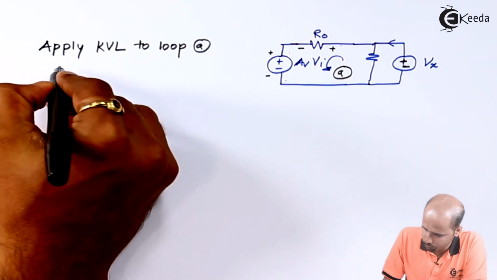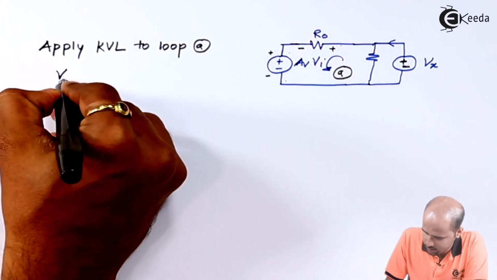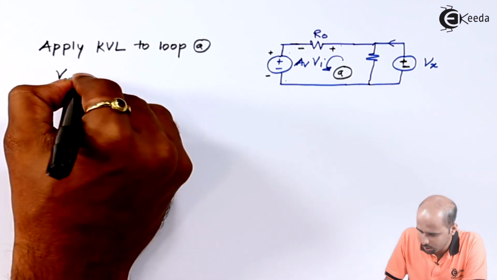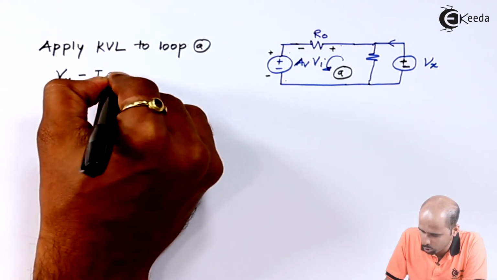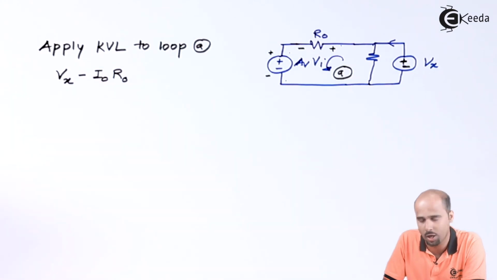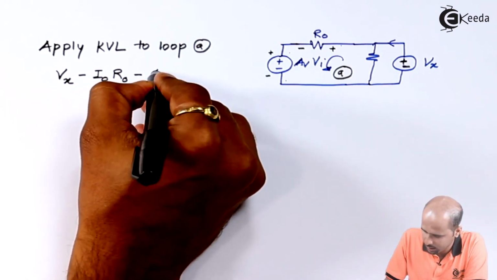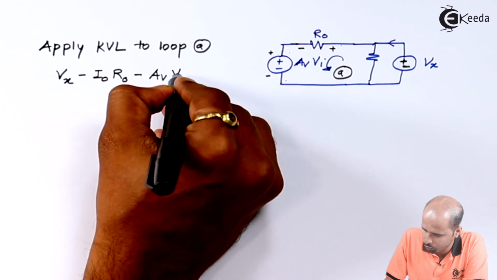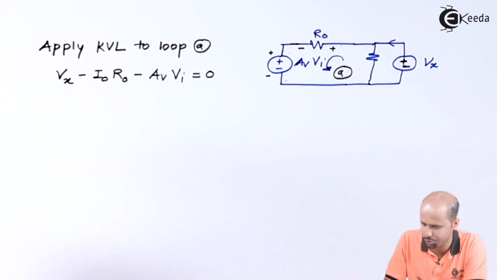We will start our equation as Vx minus IO into RO minus AV into VI is equal to 0.